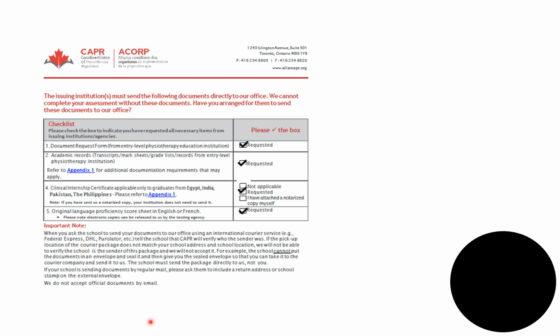Make sure you read all of those, and it's very important when your institution sends it, they should keep a copy of the waybill, because sometimes CAPR will get back to you and want some proof, so that waybill will be the proof that the institution has sent that document directly.